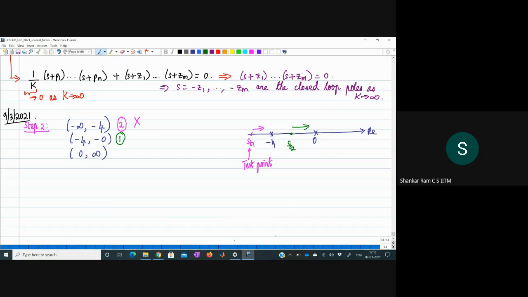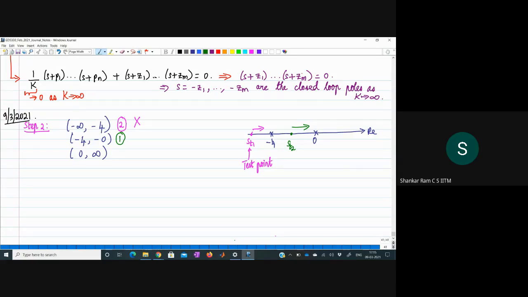Once again, if we look at the root locus, at the test point ST2 and we look towards the right, we can immediately observe that there is an open loop pole at 0, and there are no real open loop zeros at all.